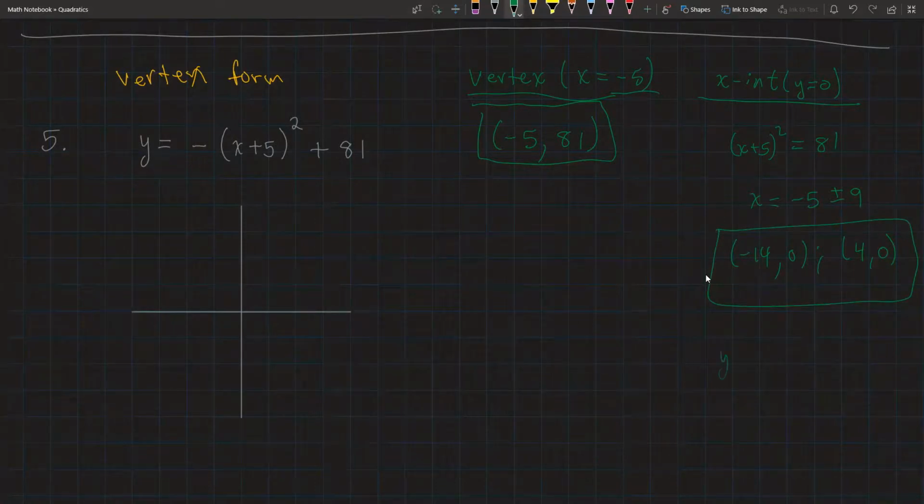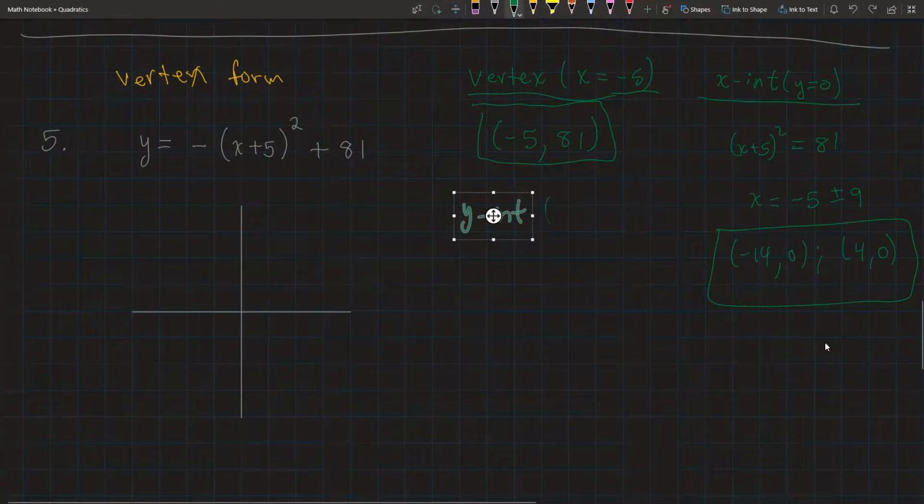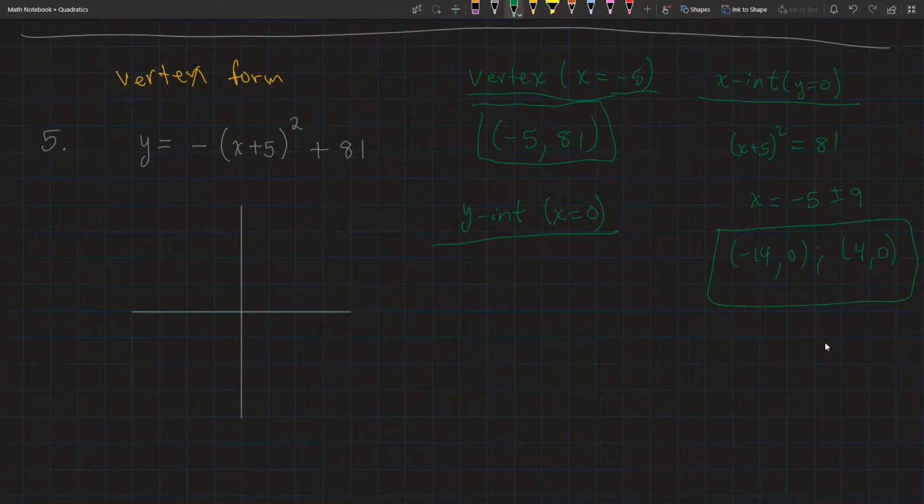Last thing is Y-intercept. Maybe I can do it here. Y-intercept occurs when x equals 0. And we will say now that y equals negative, remember it's negative something squared plus 81.